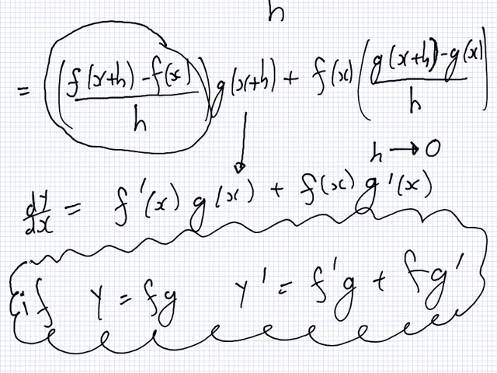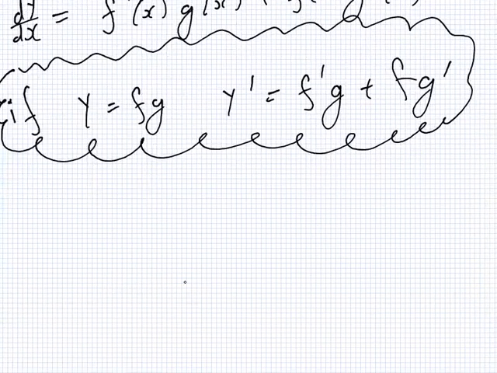So you get the idea? I'll do an example now. Let's see how it works. So let's go back to a simple example. y equals x times x. We already know what the answer is. 2x, because this is x squared, whose derivative is 2x. Let's check that our rule works. I call this f and I call this g.